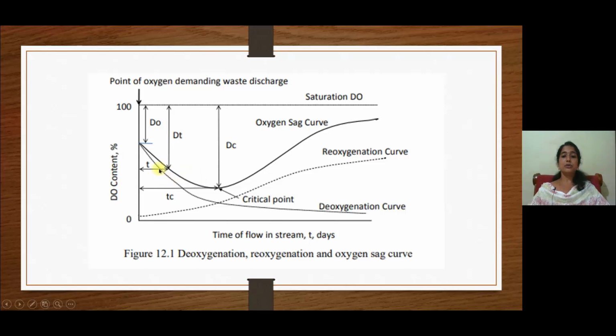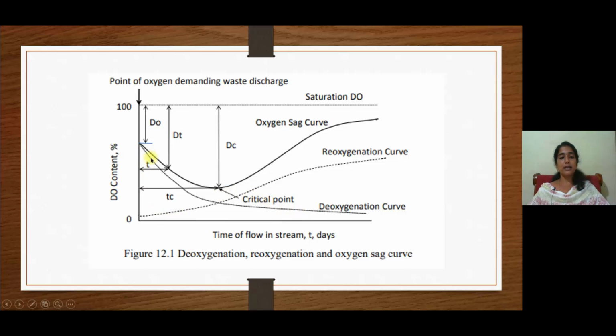And here two extra graphs are introduced, that is the reoxygenation curve and the deoxygenation curve. Deoxygenation curve means the oxygen utilizing curve. That is, the dissolved oxygen content will get utilized due to the presence of pollution in the wastewater.